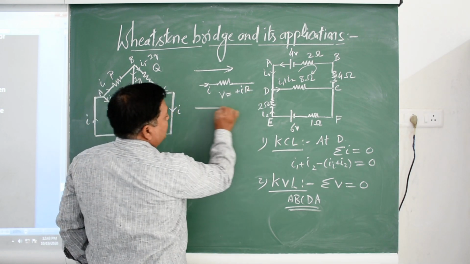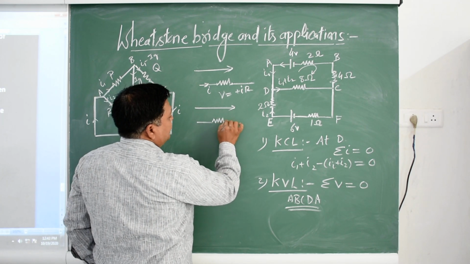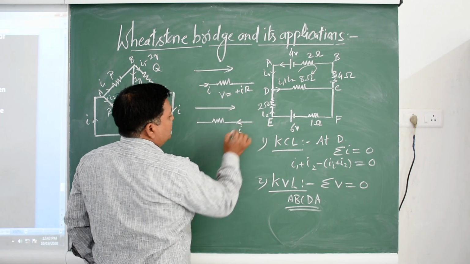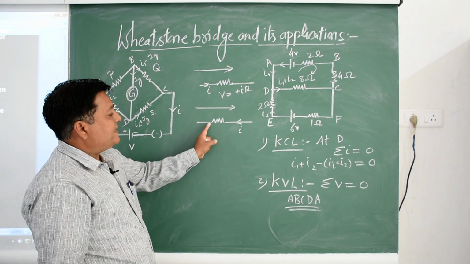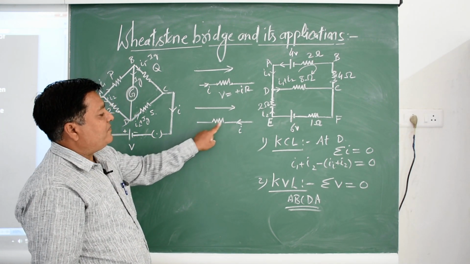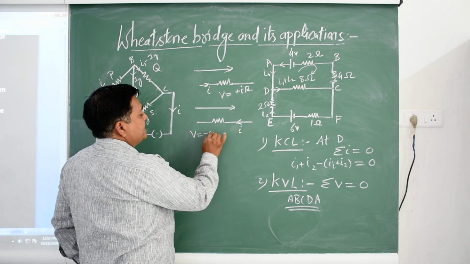If the current is moving in the opposite direction of our calculation, we take the potential difference across the circuit element as V equal to minus IR.